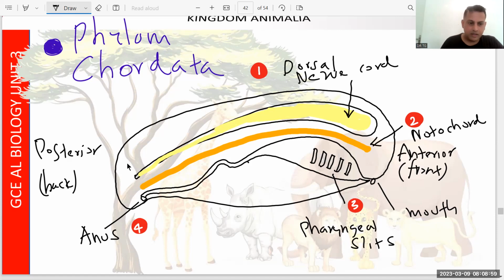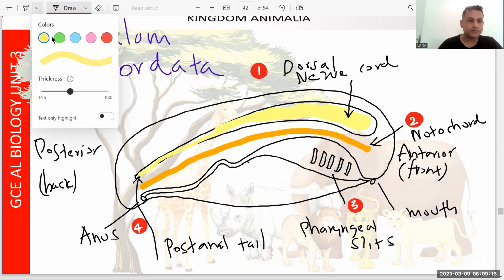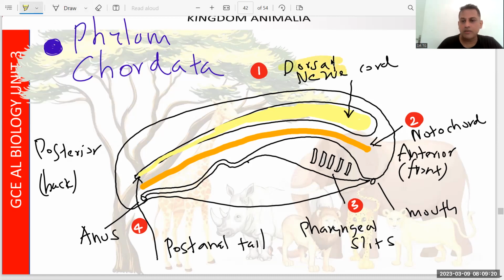And the fourth one, somewhere here, we can find the post anal tail. So dorsal nerve cord, notochord, pharyngeal slits, post anal tail.